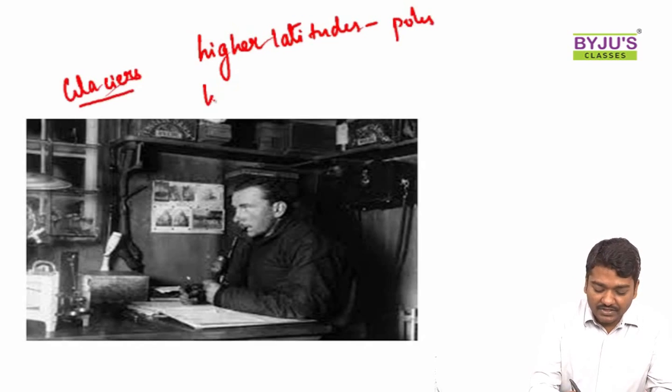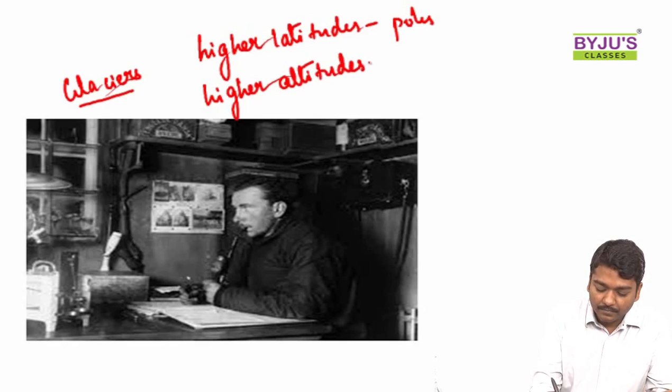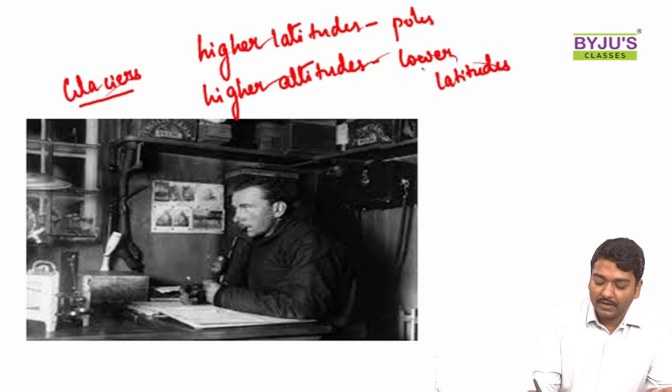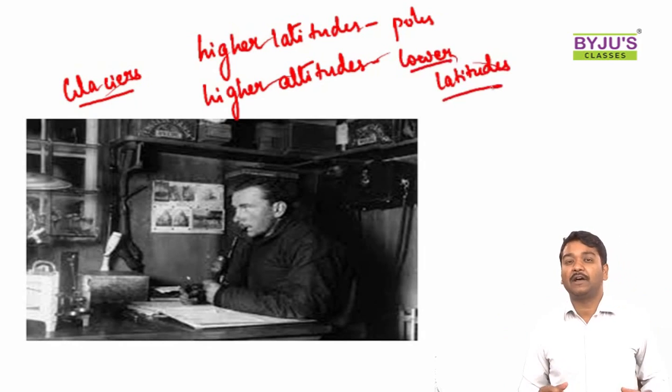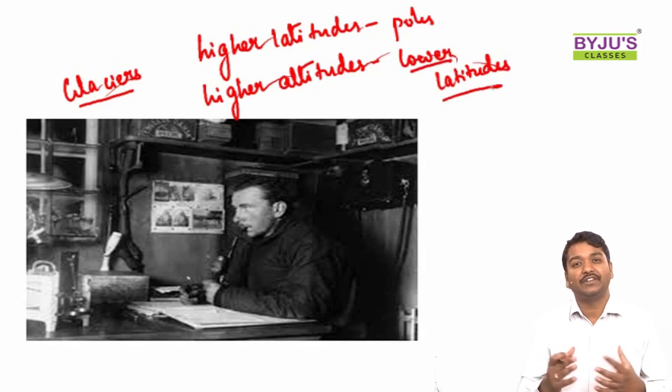You see glaciers at higher altitudes in lower latitudes, near the equator. If you take the Himalayas, they are present in a lower latitude, tropical region, but still you see glaciers.